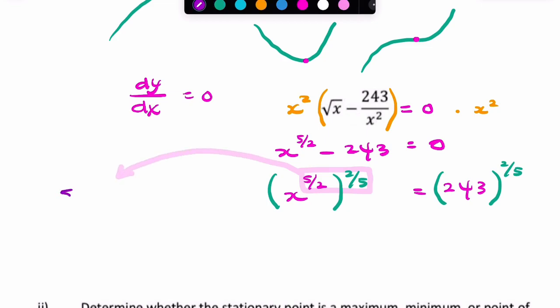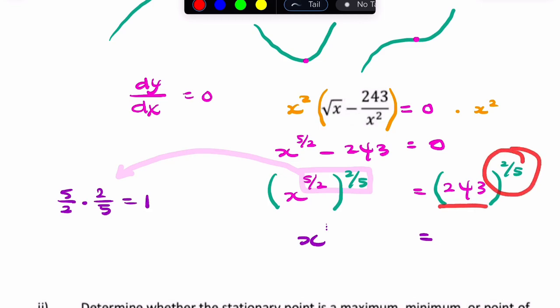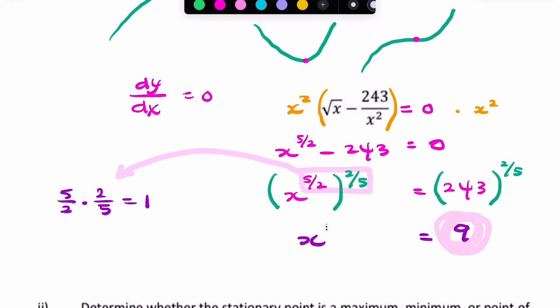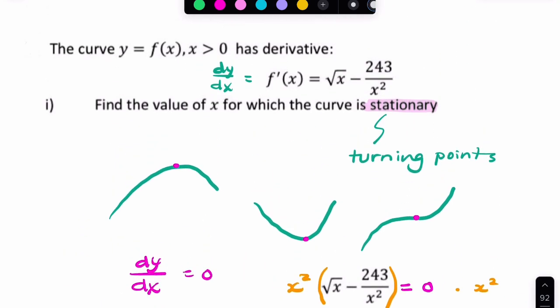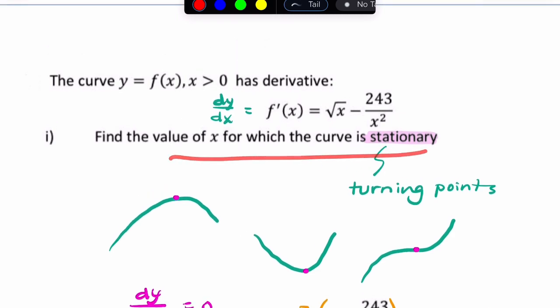So 5 over 2 multiplied by the reciprocal 2 over 5 equals 1. So x to the power 1 equals 243 to the power 2 over 5. Now if you put that in a calculator, you get 9. So 9 is the value of x for which the curve is stationary.